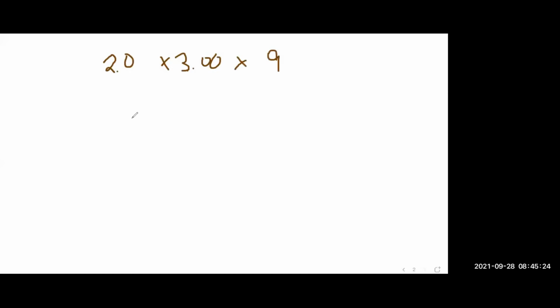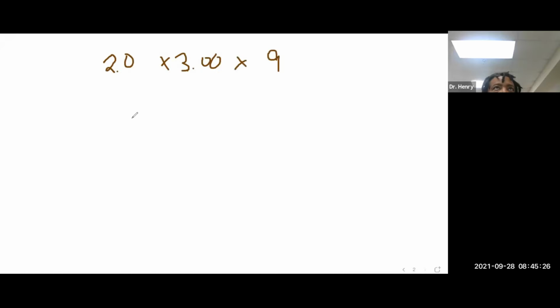The 9. It has one significant figure, where the first one has 2 significant figures, the second one has 3 significant figures, the 9 has 1 significant figure. So if we do this multiplication, what's going to be our answer?